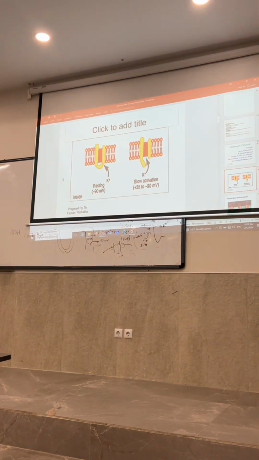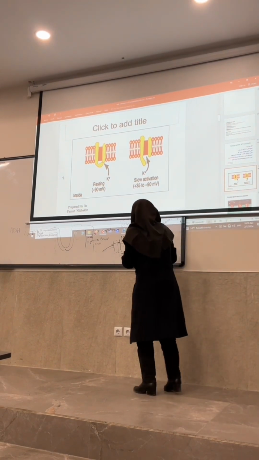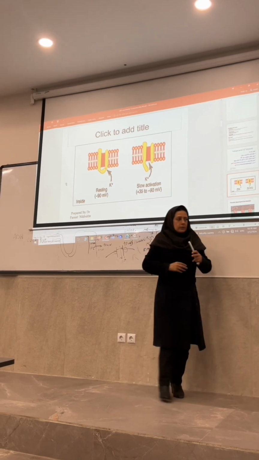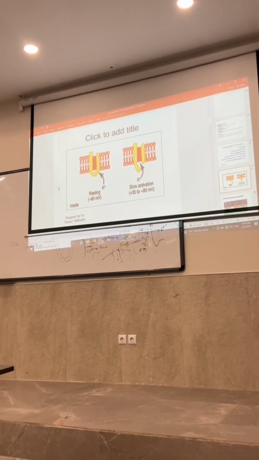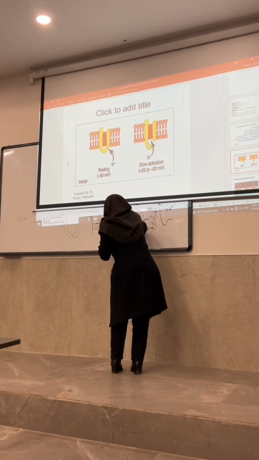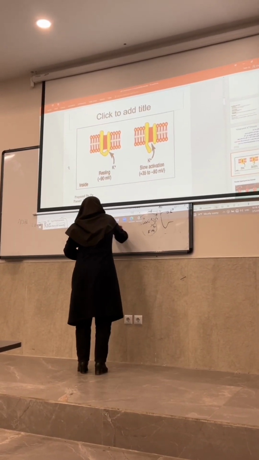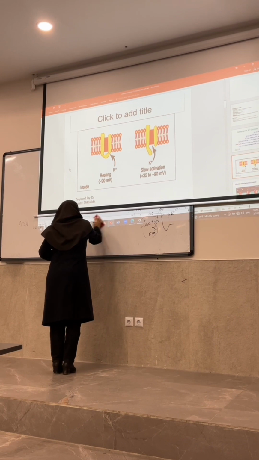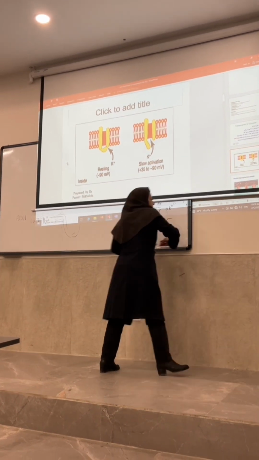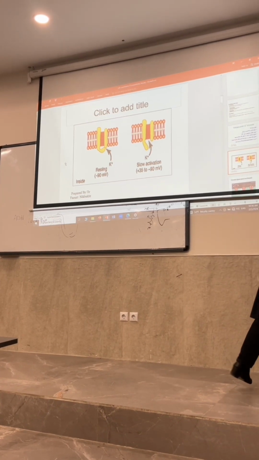Normally, when we are here, at rest, what is the composition of sodium and potassium at rest? Do you know which ion is normally high inside and which ion is normally high outside at rest? Just talking about sodium and potassium.